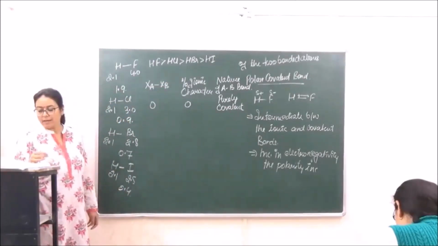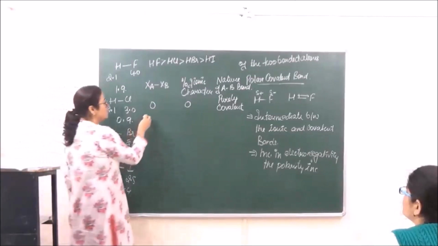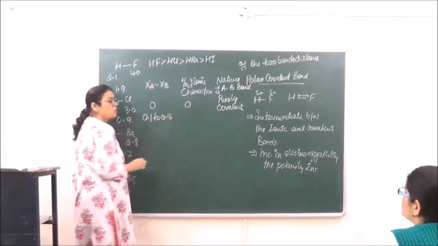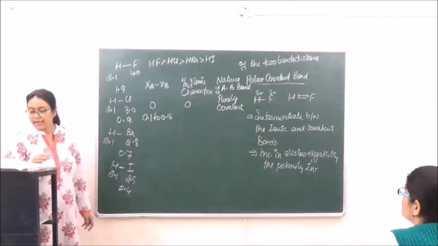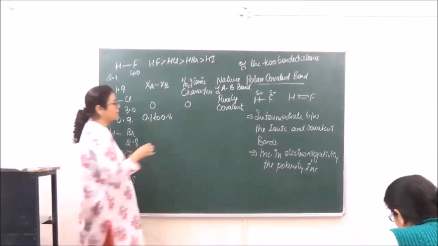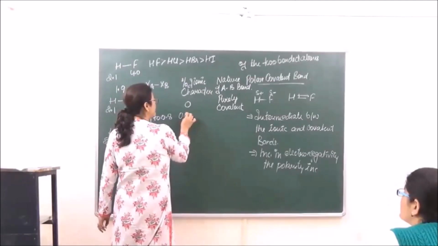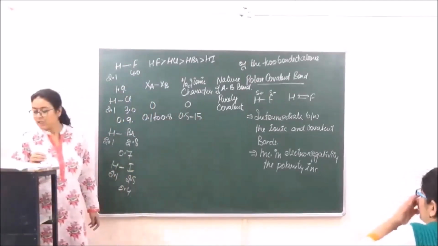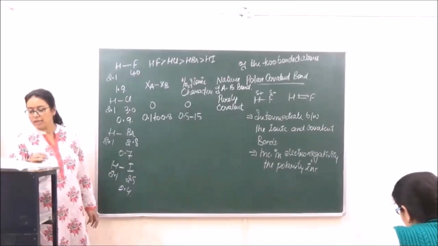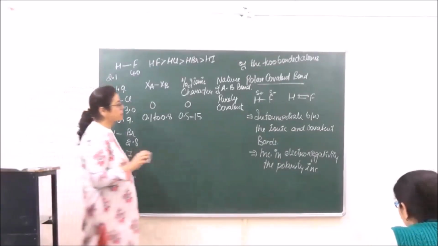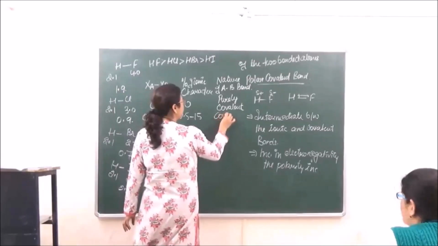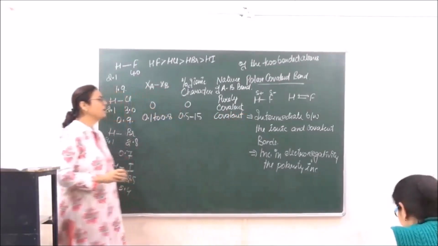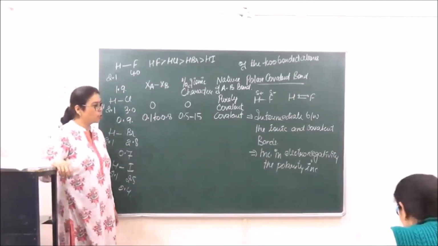After that, if the electronegativity difference is between 0.1 to 0.8, the ionic character is anything between 0.5 to 15%. Such molecules are said to be covalent. They might not be purely covalent, but still they are predominantly covalent.